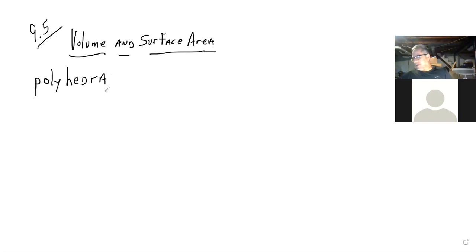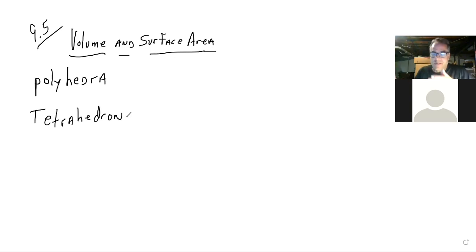So as an example, I'm just going to list out a few types of polyhedra. Kind of analogous to a triangle, I suppose, a tetrahedron. It's four-sided and it's made up of triangles.